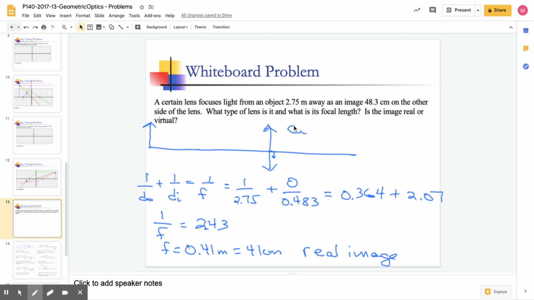And I have a convex lens. How do I know that? Well, a convex lens causes my rays to converge, so they come in here and go like that. With a diverging lens, the rays, when they hit the surface, would diverge.